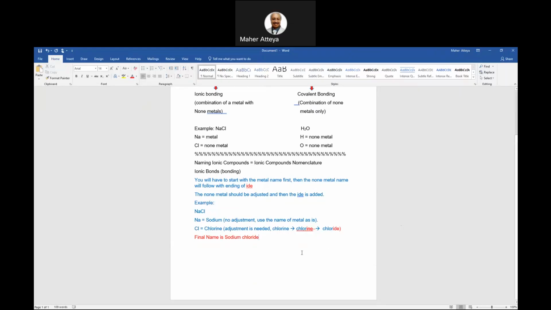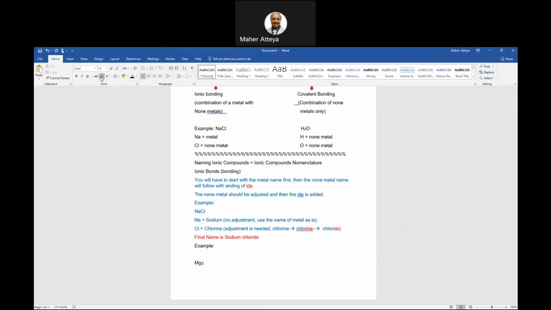Let's have another example. We'll have a couple of those examples here. So another example, I will say I have magnesium, Mg, and then I will write in front of magnesium, this one here is 3.